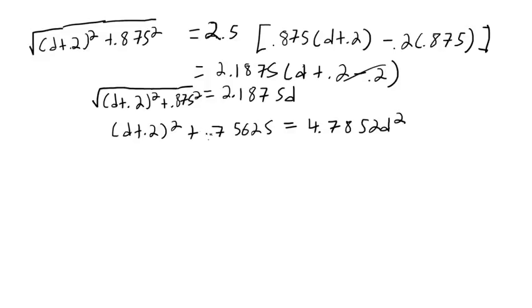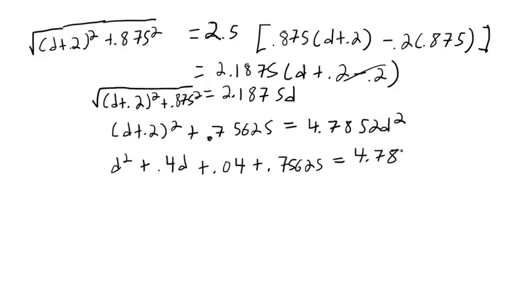So now we have d squared plus 0.4d plus 0.2 squared, 0.04, plus 0.75625 equals 4.7852 d squared.